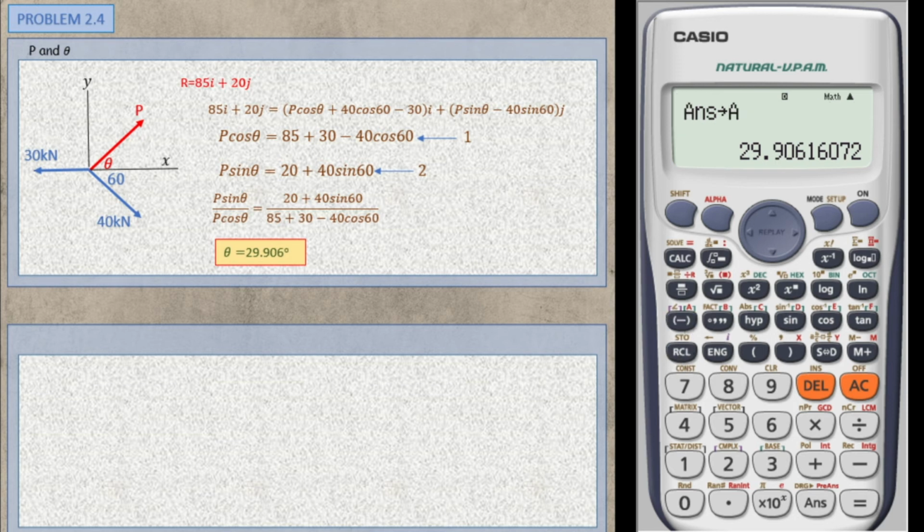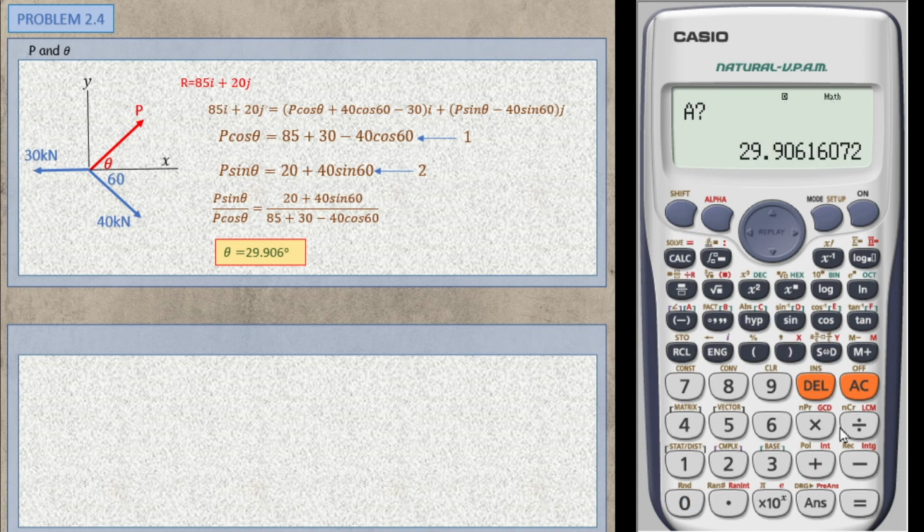And for our P, we will just substitute this angle into either of the two equations. So I will just use equation 2. P sine theta equals 20 plus 40 sine 60.